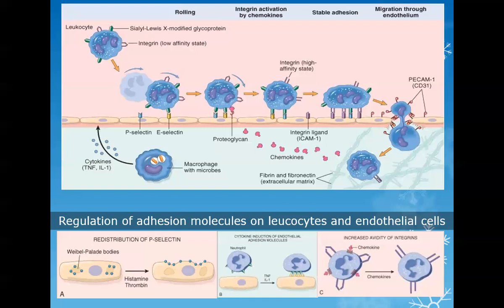Why? Because the integrin here is of low affinity. It is closed. And if it is closed, it will not attach to the ICAM. You need to have opening of this integrin. And this opening is caused by these chemokines. They come up, attach to the neutrophil.